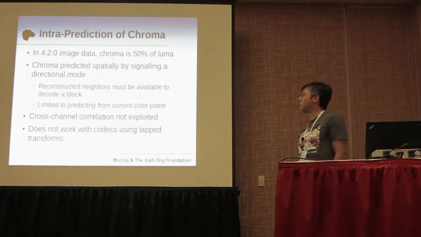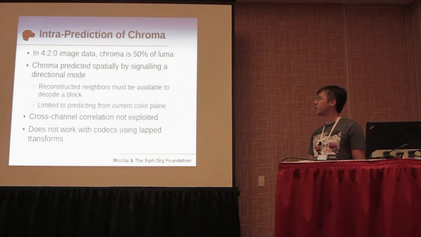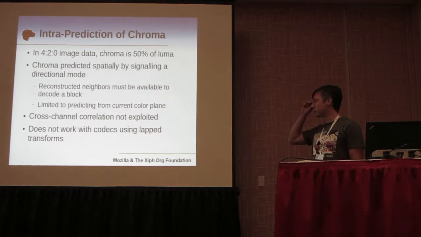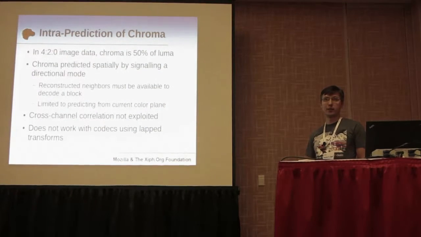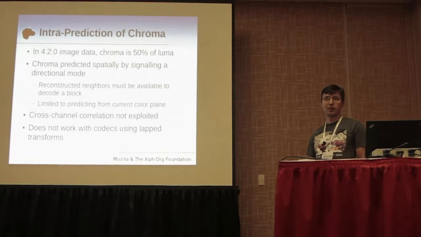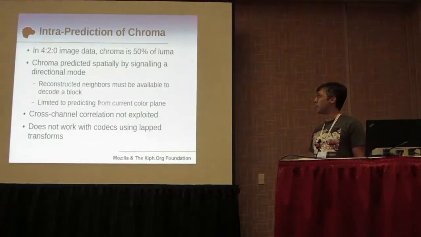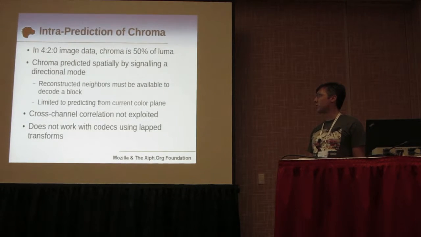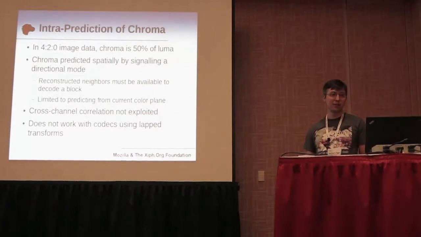And so, why do we care about intra prediction in the Chroma plane? In a 4:2:0 image, the Chroma pixels are 50% of the Luma pixels, so it ends up being a third of the data. We decimate them because they're less visually important. And so when we do intra prediction in most typical image and video codecs, we do it through spatial signaling.